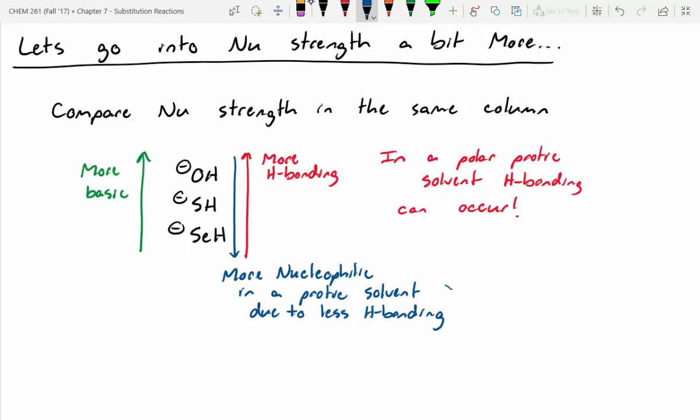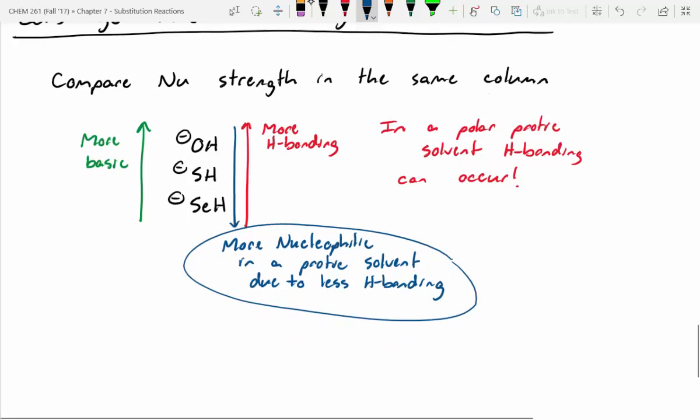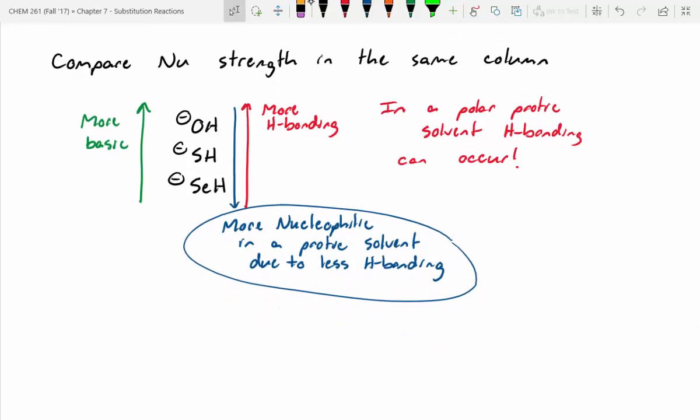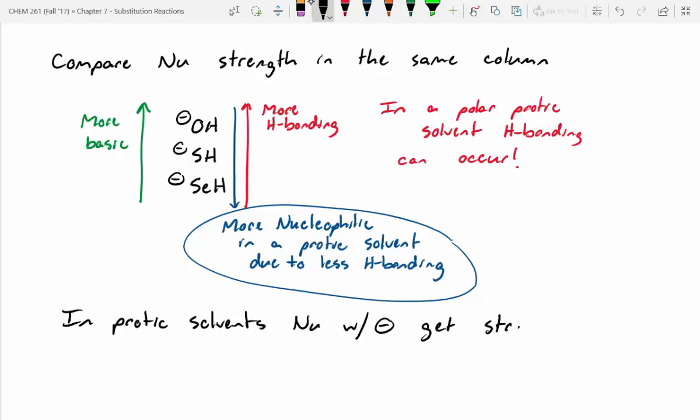Does that make sense? So let's make a little note on this, and this does get a little abstract, but it will make sense when we see the counter argument. In protic solvents, nucleophiles with a negative charge get stronger as you go down a column.